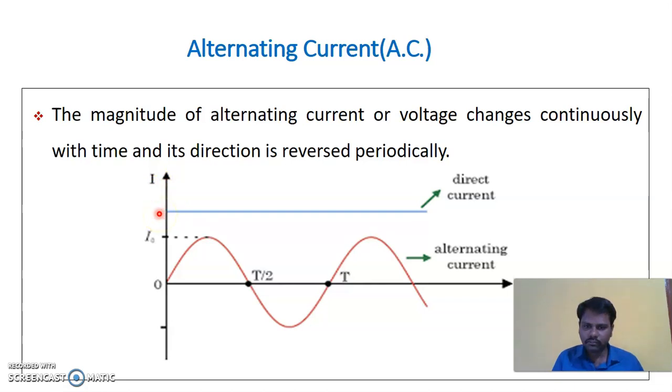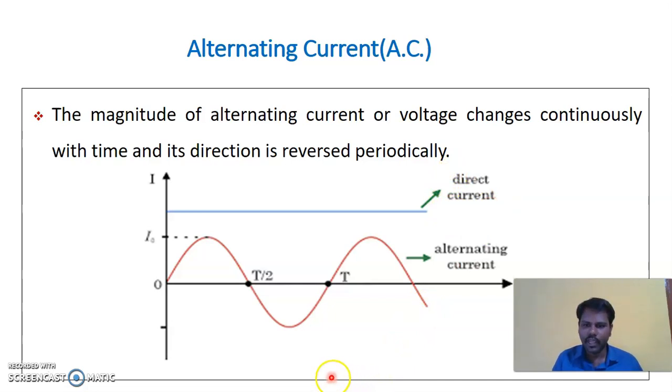For a given current, if the magnitude does not change with time, you call that a direct current. Or if the direction of the current does not change, it is also called direct current. Indeed, if the magnitude and the direction do not change with time, we call that a direct current.